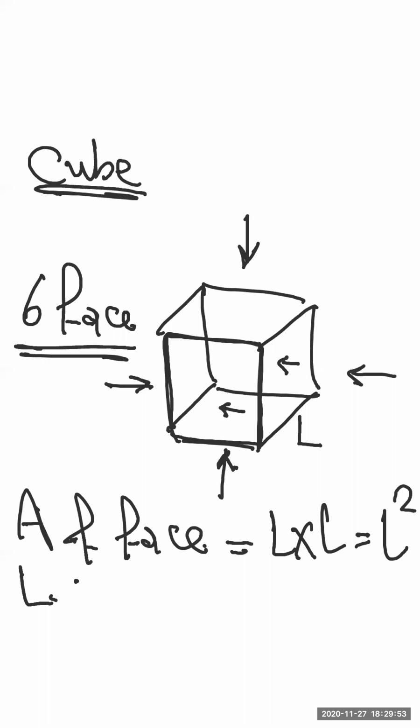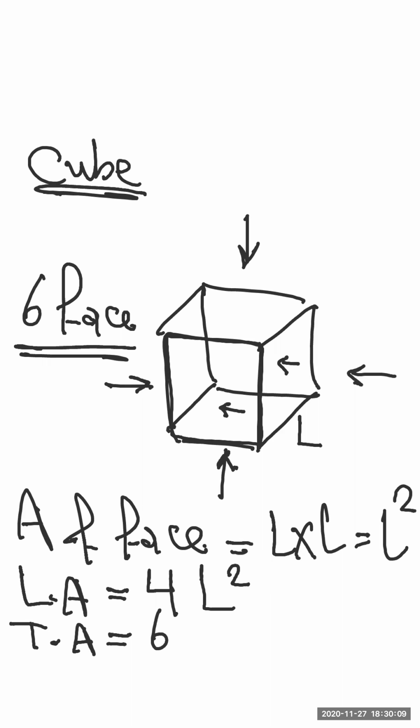So lateral area equals 4 times the area of the face, which is L squared. Next point is the total area. How many faces do we have? 6 times the area of the face, which is L squared.